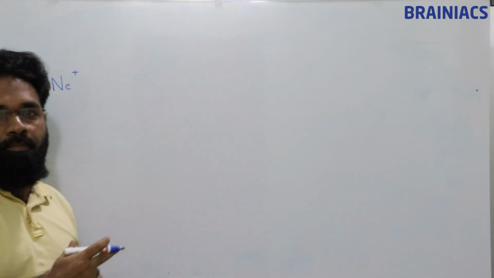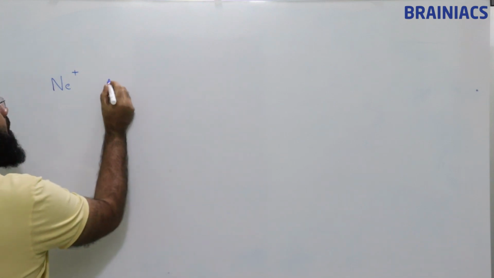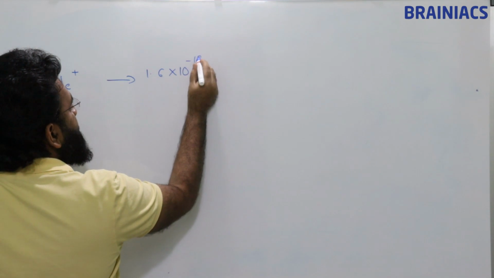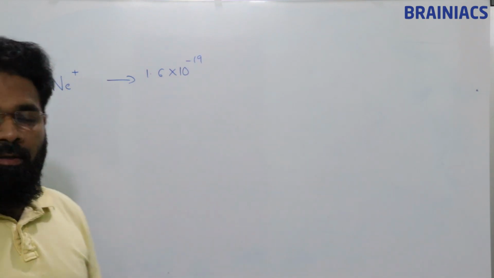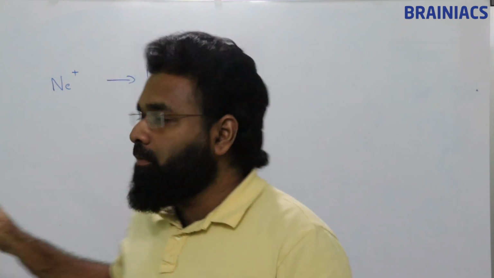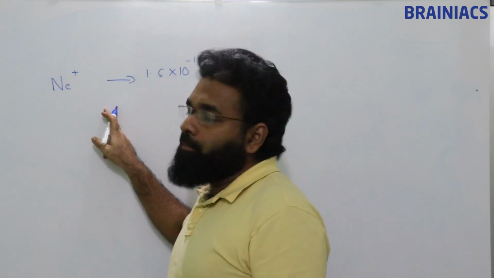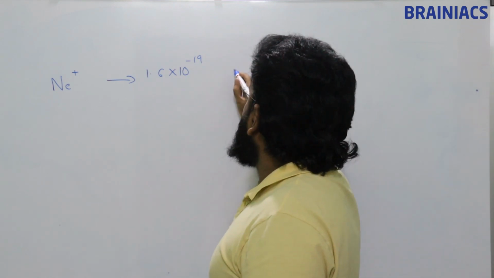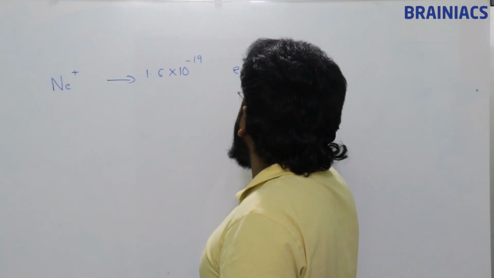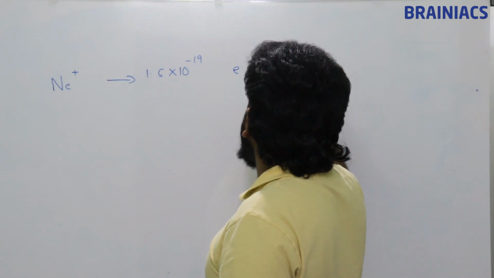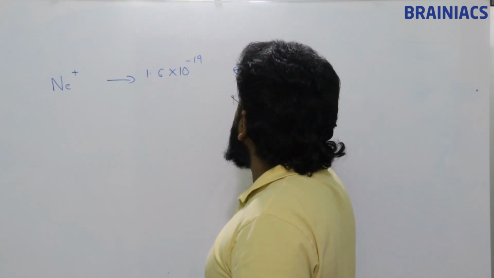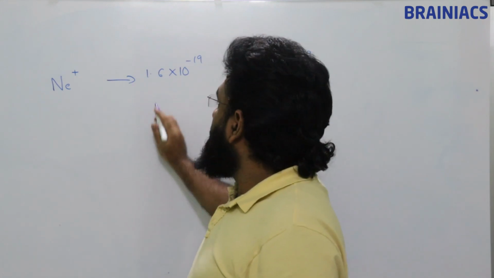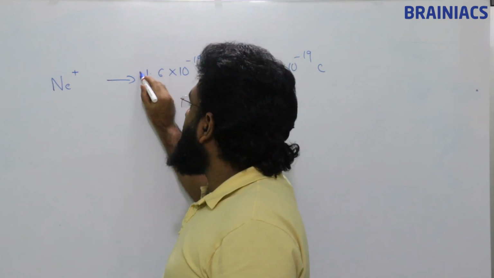For neon plus ion, we have taken the charge as 1.6 into 10 raised to minus 19 in the question where we found current. So why have we taken 1.6 into 10 raised to minus 19? For electron we know the charge is 1.6 into 10 raised to minus 19 coulomb. Charge is negative. This is neon plus. Same charge we are putting, but it is positive. Why?